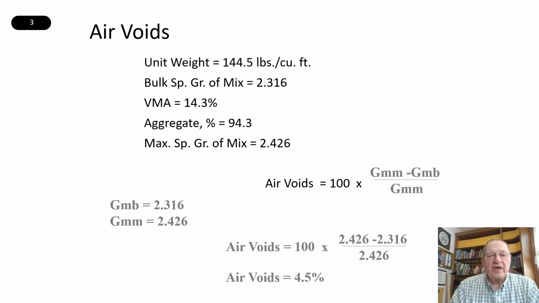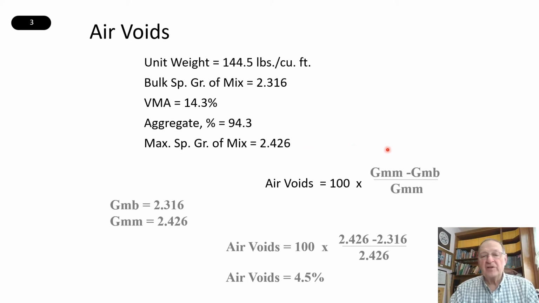So let's look at an example where we have some extraneous information and the information that we need in order to calculate air voids. Remember, we only need two different things: the bulk specific gravity of the compacted specimens and the maximum specific gravity. We see that the bulk is 2.316 and the maximum is 2.426.